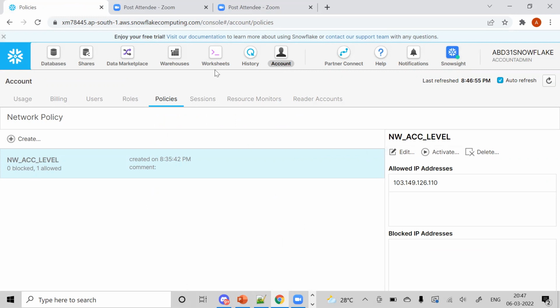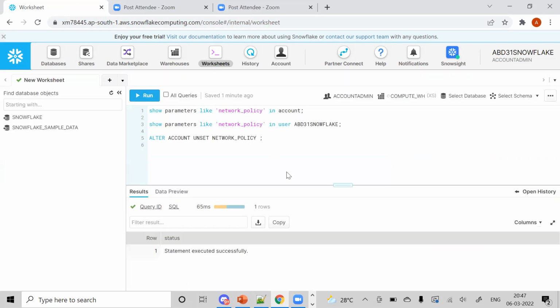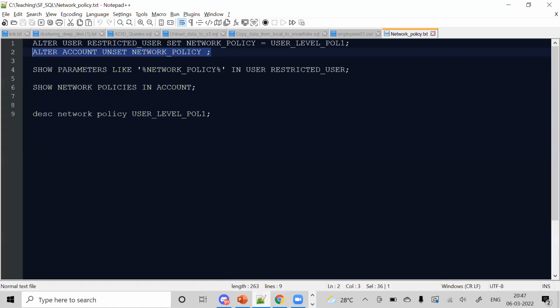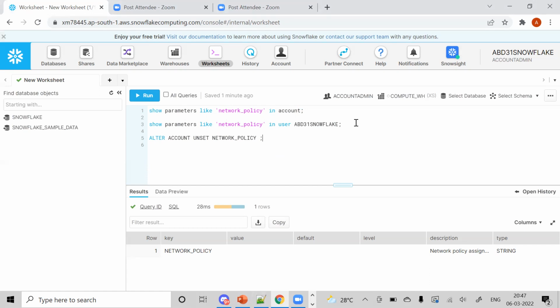So if you try, it will allow you to log out. Are you able to log out, guys? Yes, sir. Yeah, I'm able to log out.